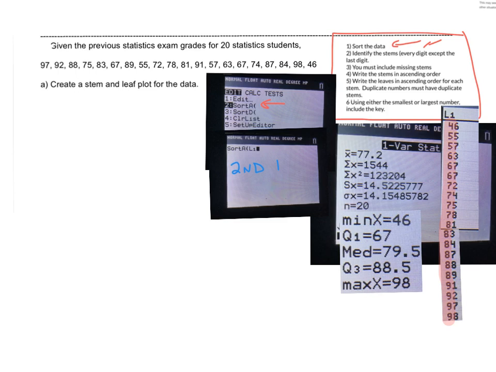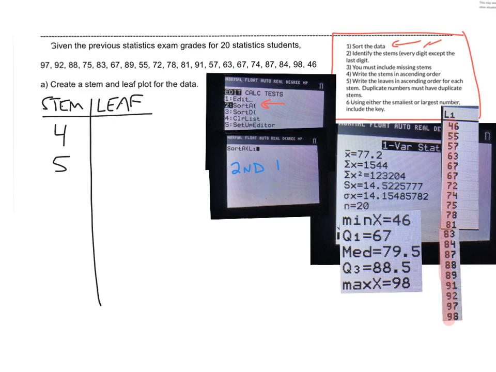So I'm going to write out my chart, and I'll have a stem column and a leaf column. So here I'm going to need the stems 4, 5, 6, 7, 8, and 9. The key is you have to include any missing stems.